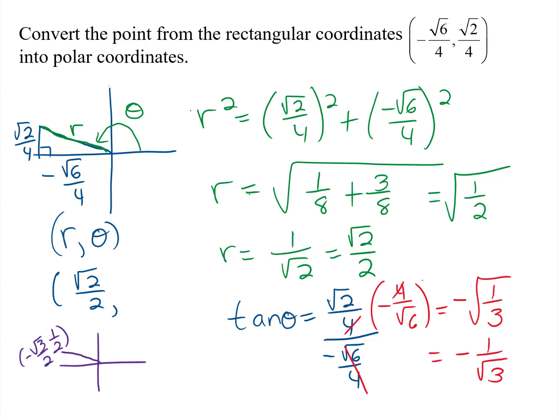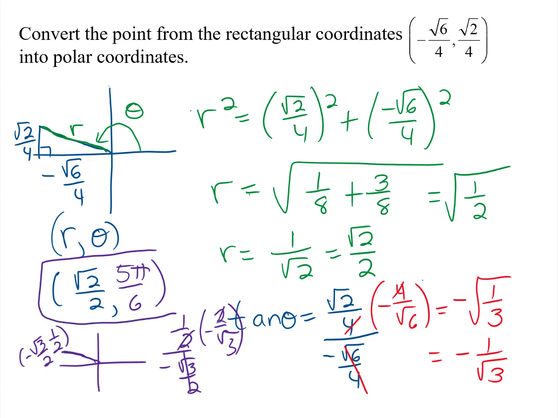And if I took y over x here, you'd see that I would get 1/2 over negative square root 3/2, which simplifies to exactly what I wanted, which was negative 1 over square root 3. So what is that angle over here? That is 5π/6, and here is our rectangular coordinate converted to polar.